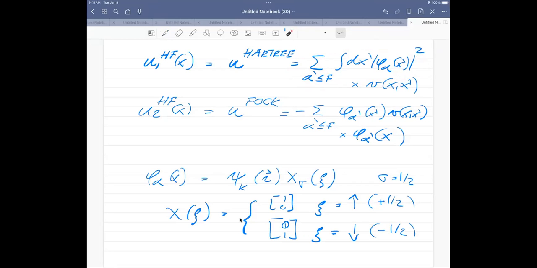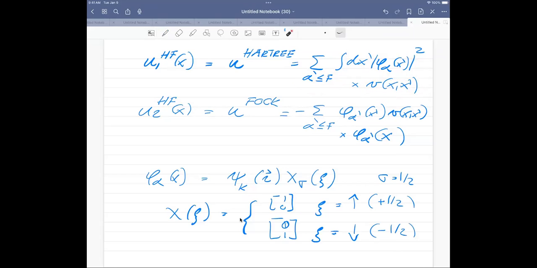We have to be a little bit careful, because alpha is a sum over all the states below the Fermi level. And these are states with specific quantum numbers k here, but they can also have spin up and spin down. And if you look at this specific sum, the sum does not depend on spin, so the potential does not depend on spin.